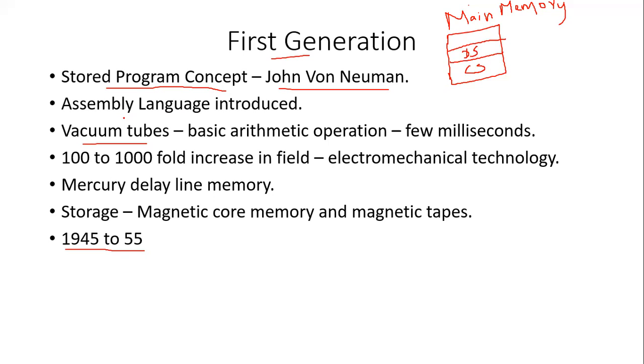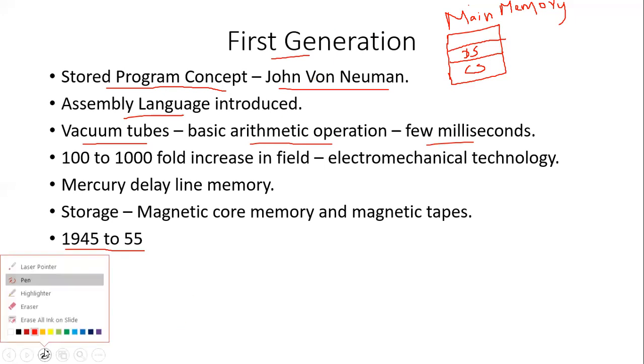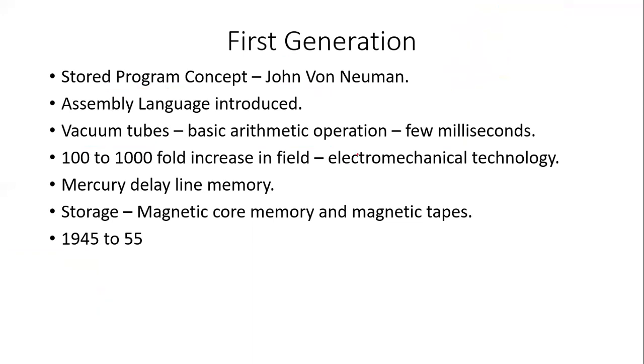And assembly language programming was also introduced. With the advent of vacuum tubes, basic arithmetic operations could be done at a much faster speed, in a few milliseconds, whereas prior to these first generation computers, there were mechanical or electromechanical computers, which took a few seconds to perform basic arithmetic operations.